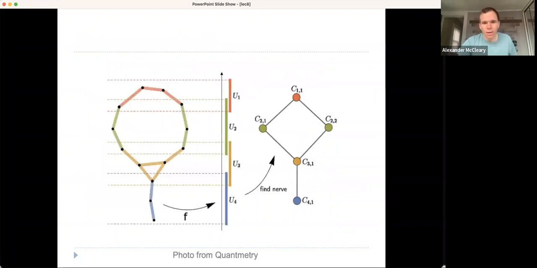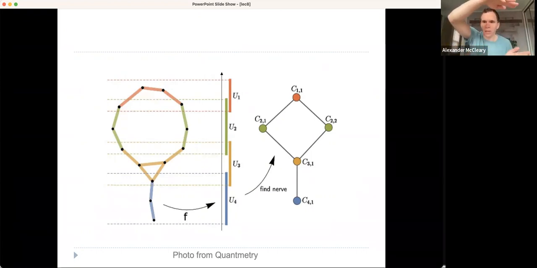So let's look at an example. Here, in this example, our data set is on the left. Our data set is just this point cloud of all the black dots. Right? This is a finite metric space, and all we have is just these black dots here and the distances between them. Now what we're going to do is start with this function f. This is the lens function. And in this example, f is just the projection, right?